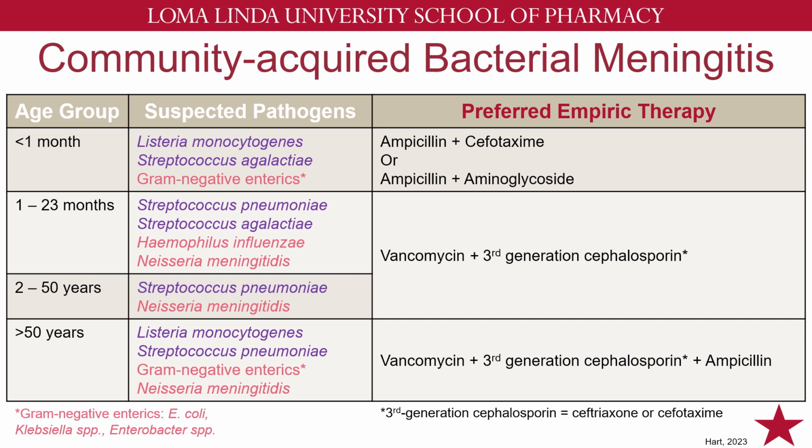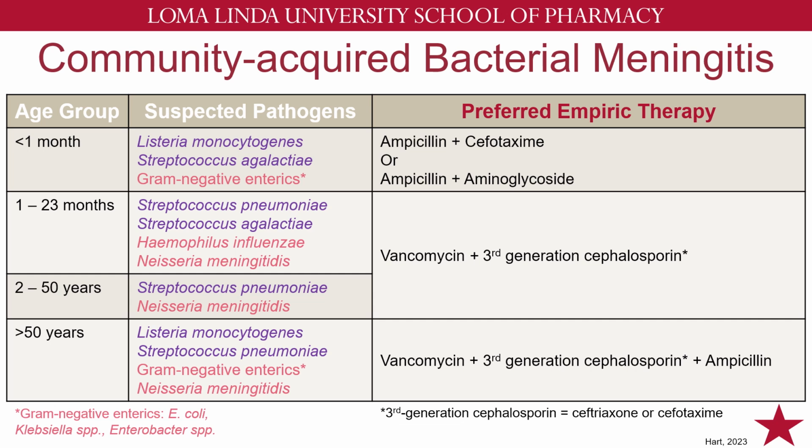The providers will make the diagnosis and then they will often look to us and ask us, well, what sort of antibiotics do we need to get started for this patient with a suspected bacterial meningitis? So if our patient, again, is in that less than 1 month age group and these are the organisms we're going to want to cover for, our empiric therapy will comprise of either ampicillin plus cefotaxime or ampicillin plus an aminoglycoside.